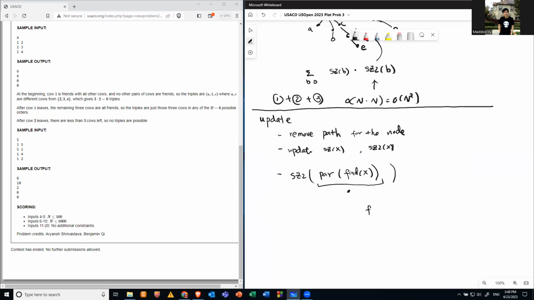So you do basically find x, right? Parent. This is the black node, right? Then you do find. Then that is a relationship one, right? Then you update this. Right? So all those can be done by union find, right?